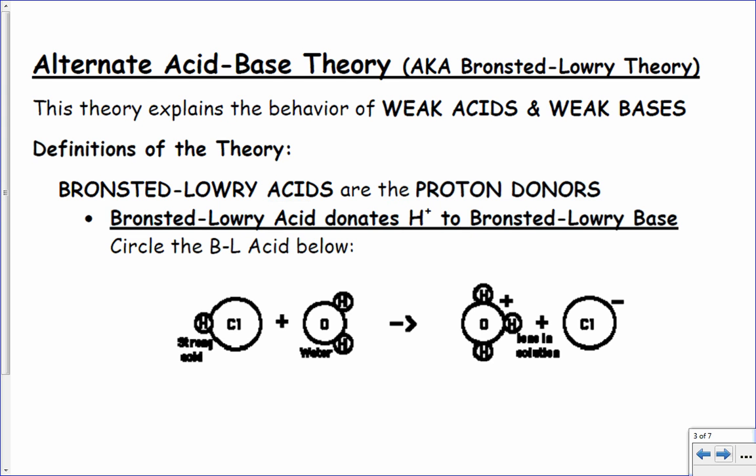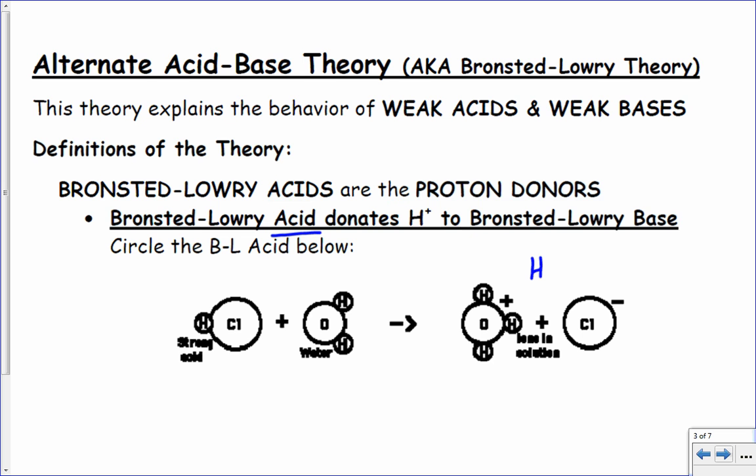So that's the major change. It said instead of producing H plus ions in solution, now we changed it to that Bronsted-Lowry acids donate these H pluses. Okay, and here's a little pictogram where HCl is an acid. It gets put into water and dissociates.